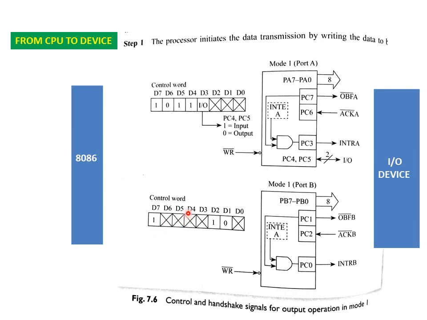These are not required, that's why they are all given as don't care. Because this is an example for port B, D2 as 1 indicates mode 1, port B mode 1, and D1 indicates the output signal. Please verify the control word format which we already discussed in previous classes.